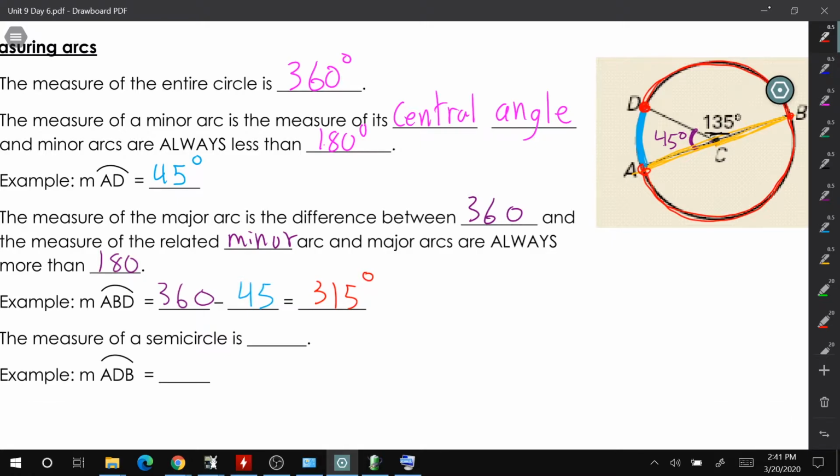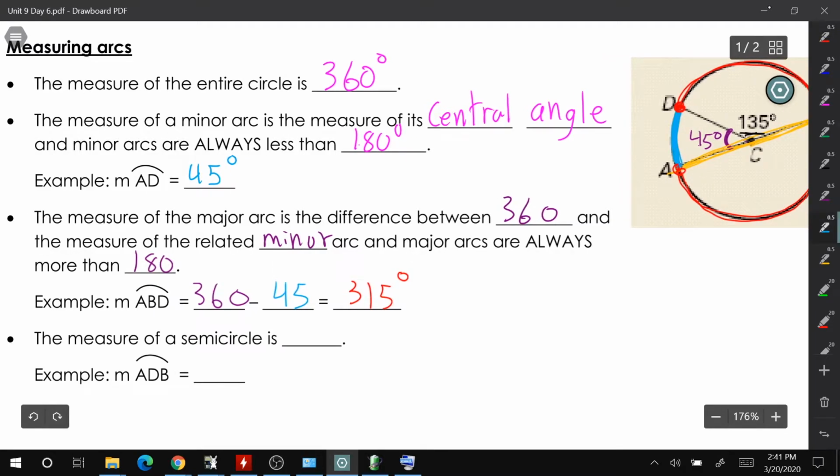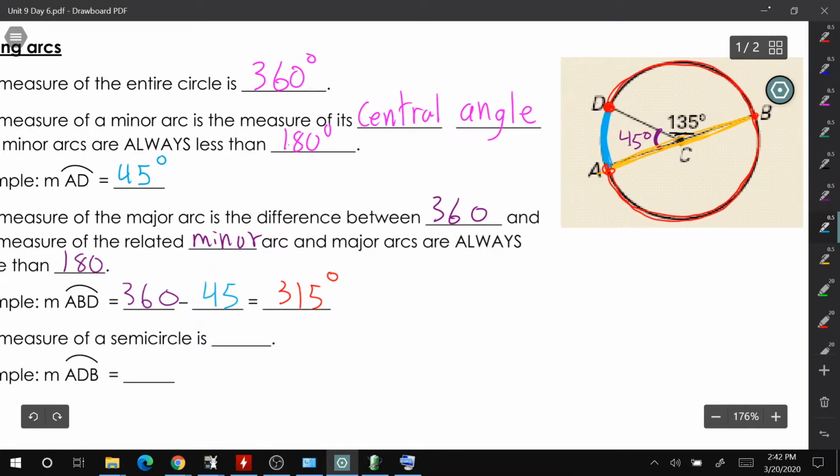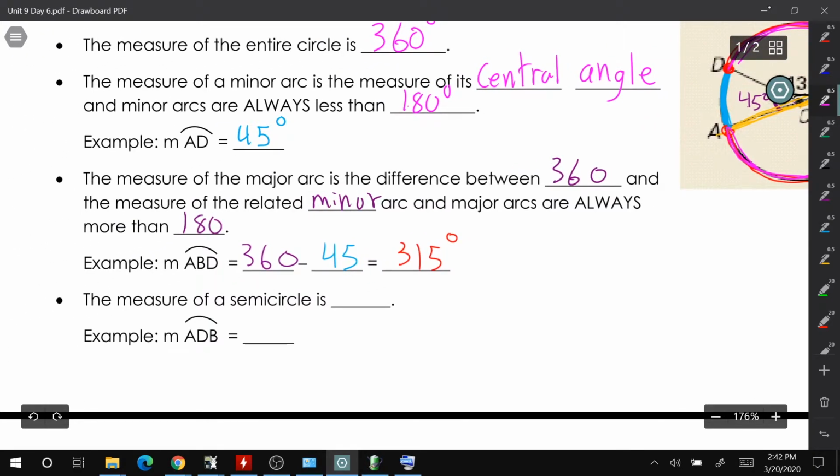Another way you could have done that is said, okay, well, you know a semicircle is 180 degrees, so you could have done 180 plus 135, and you would have gotten the same thing. So the next bullet point, the measure of a semicircle is 180 degrees.